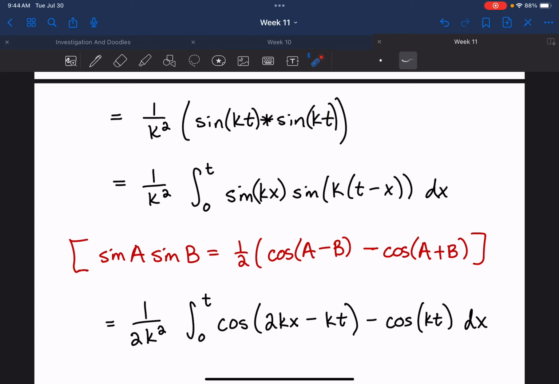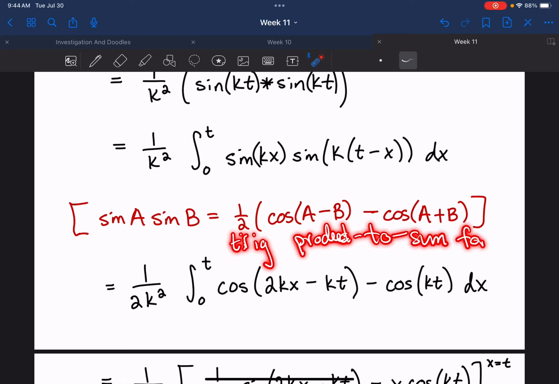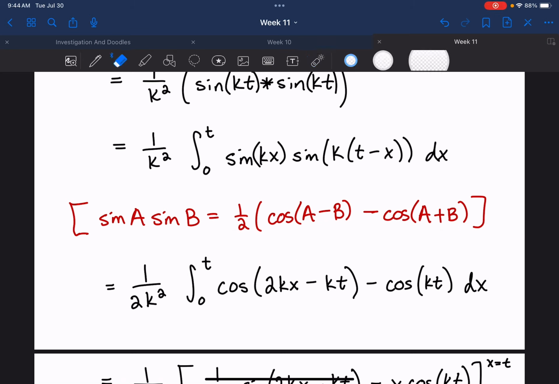And there's a convenient little product-to-sum formula in the trig functions. We know that sine times sine is 1/2 cosine of the difference minus cosine of the sum.